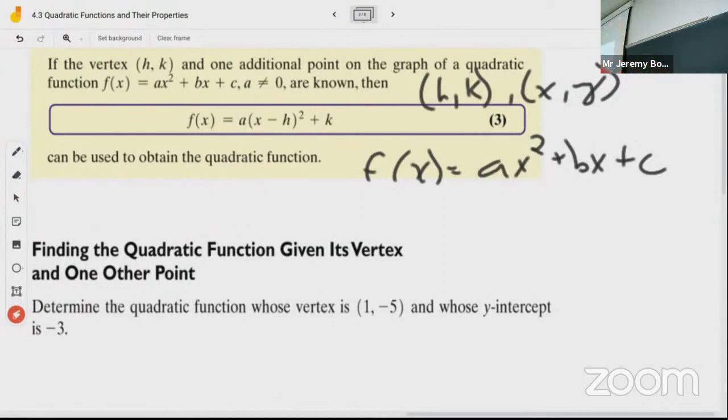I need the vertex, which I have. There's my vertex there. And I need a point. Do I have another point? The y-intercept, yes, good.